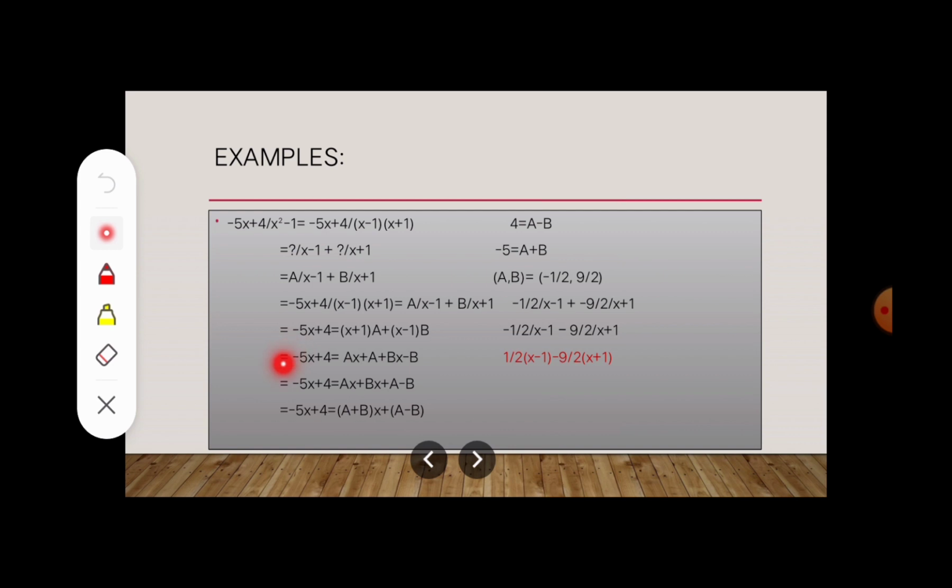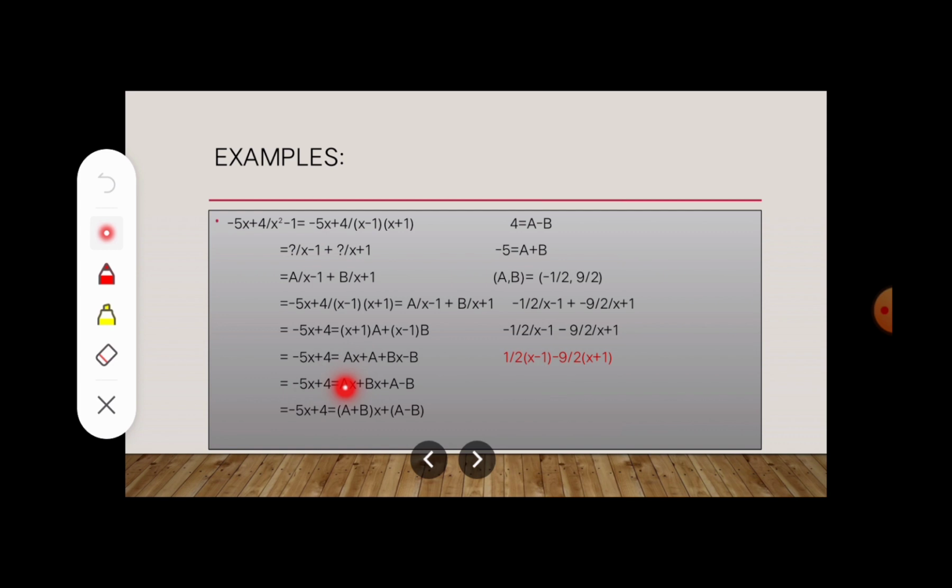Then use the commutative property to reorder the terms. So we have negative 5x plus 4 equals ax plus bx plus a minus b. Then group the powers of the x terms and constant terms. So we have negative 5x plus 4 equals a plus b times x plus a minus b.